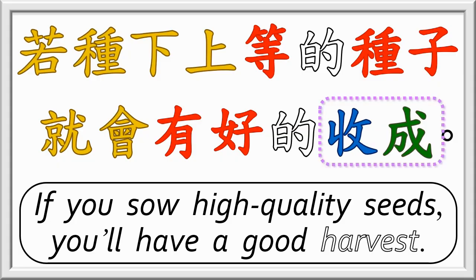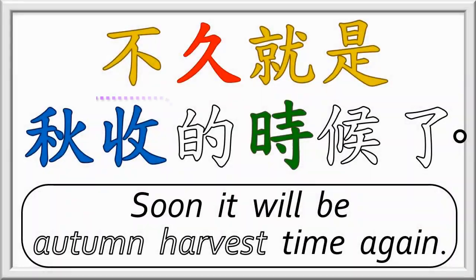若种下上等的种子，就会有好的收成. If you sow high-quality seeds, you'll have a good harvest. 秋收 refers to the autumn harvest. 不久又是秋收的时候了.